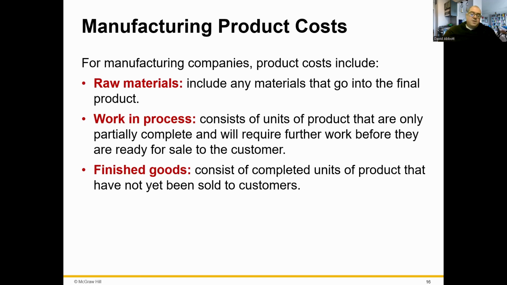Some of the product costs would include raw materials, which are the materials that go into making the final product, or work in progress, which are units of product that are only partially complete and will require further work before they can be completed and ready for customers. And then finished goods, which consist of completed units of product that have not yet been sold to customers.